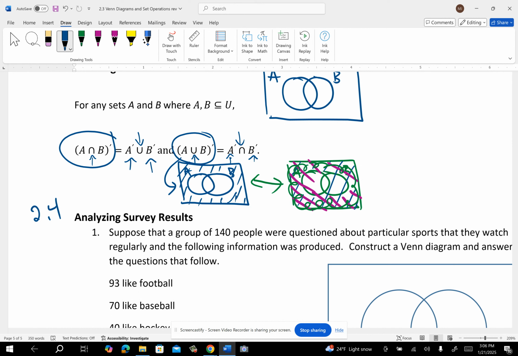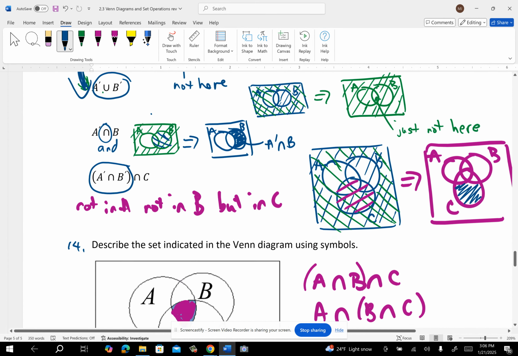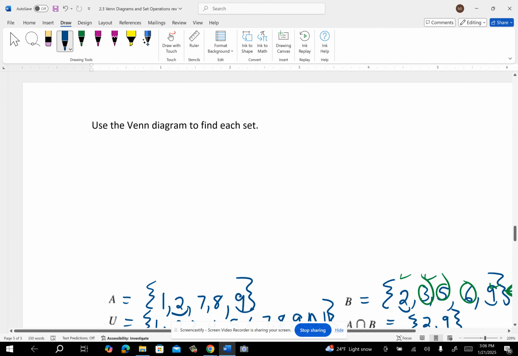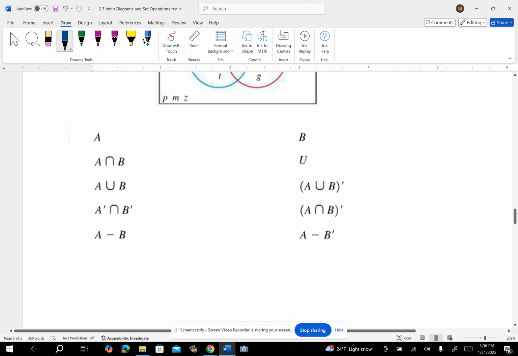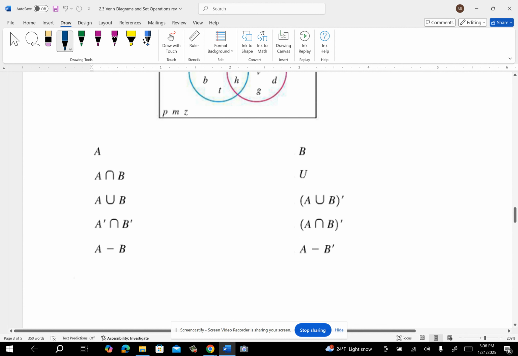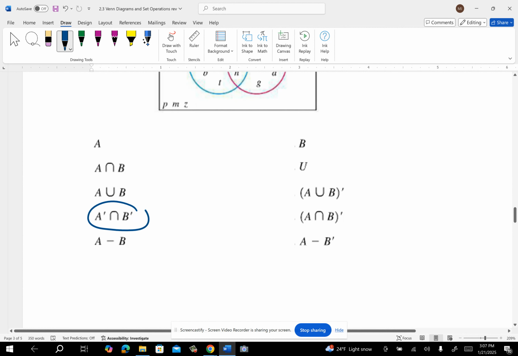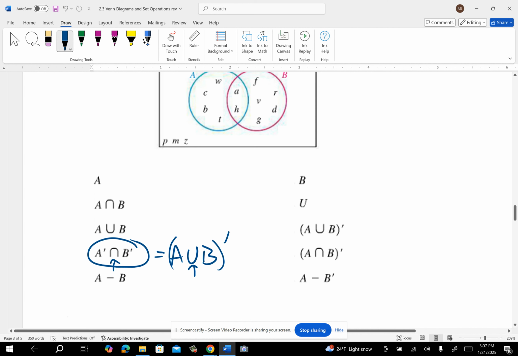Now here's one place where I could have used that in a problem we've already done. There's one problem where I was asked, okay, right here, to do the intersection of the complement of A and the complement of B. If I knew De Morgan's law, that would be the complement of A union B. I could flip this sign, and then look at A union B first and take its complement, which is easier to think about.